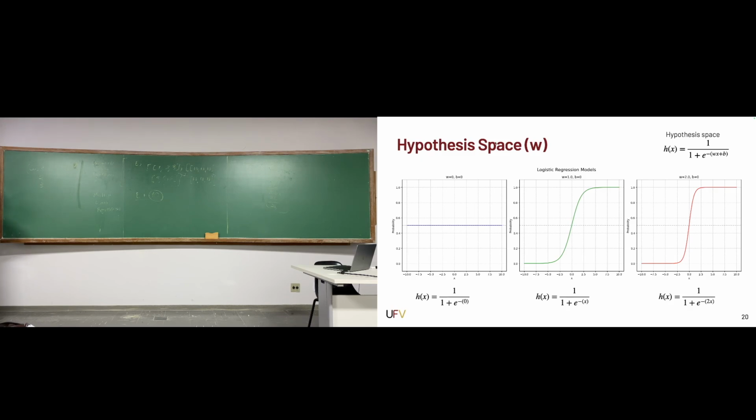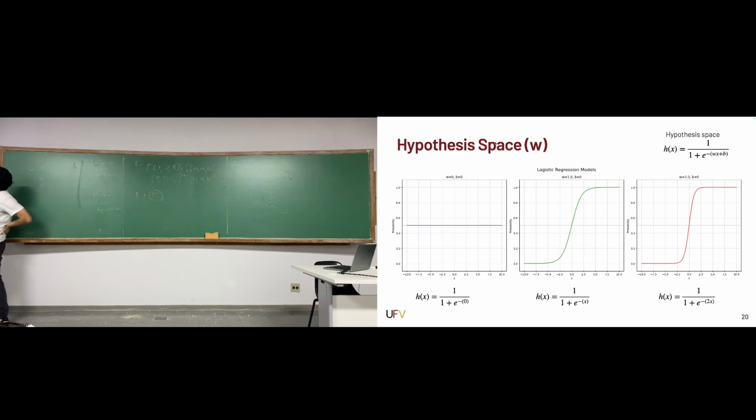And as I said, it crosses the y-axis here at 0.5. This will always be the same. If you look at 0.5 here, it will intercept the y-axis at that point.